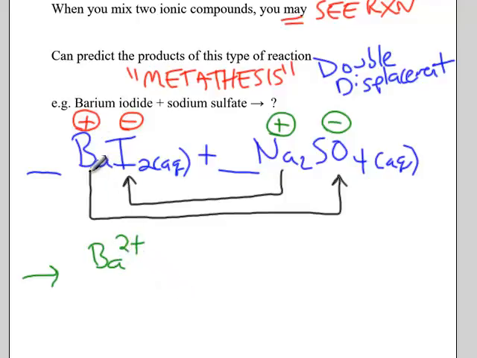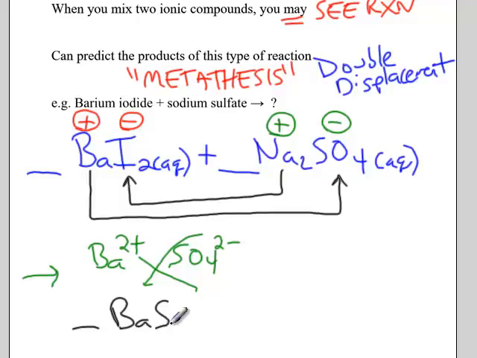You have to go back to the periodic table and recognize barium, group 2, main group metal, always is a positive 2 cation. Sulfate, polyatomic anion with a negative 2 charge. So we do our crisscross, and we get a 2-to-2 ratio that can be simplified to a 1-to-1 ratio. So barium sulfate is one product of this double displacement reaction.